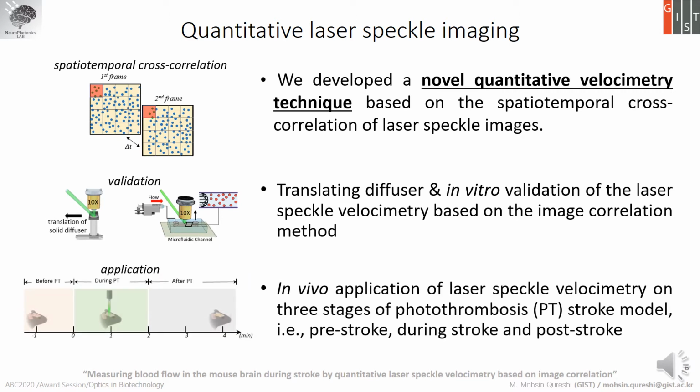Later, we demonstrate the quantitative laser speckle imaging in a photothrombosis model, in which we show the map of velocity for the pre-stroke, during the stroke, and post-stroke condition. To the best of our knowledge, our technique is the first one using laser speckle that provides a velocity map, including both velocity magnitude and its direction for the in vivo study.